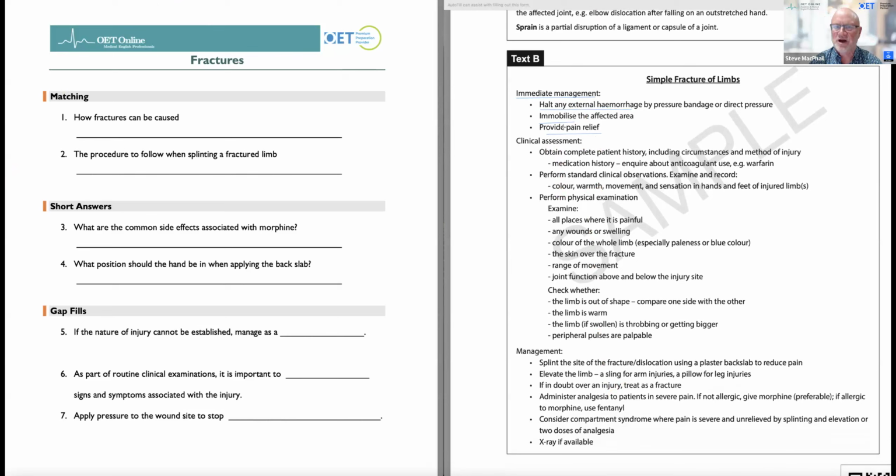I'm going to read in chunks. Clinical assessment: obtain complete medical history, perform standard clinical observations, perform physical. Now, I'm only reading the beginning. Examine. I won't read all these words.